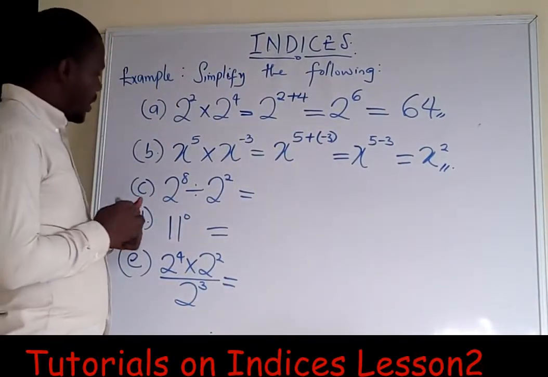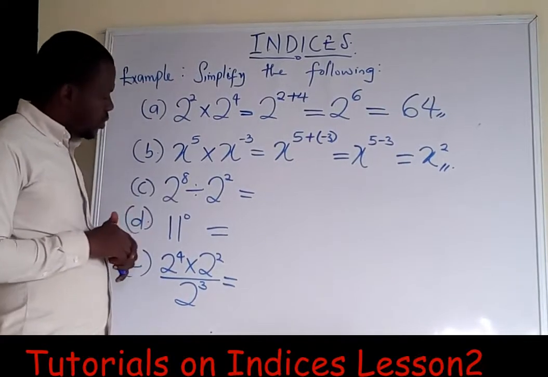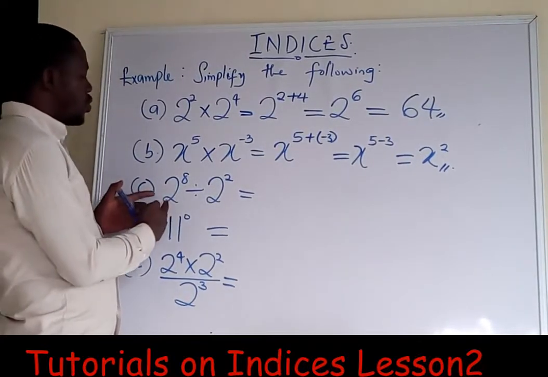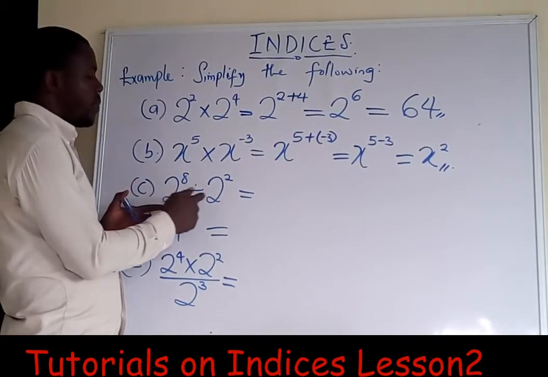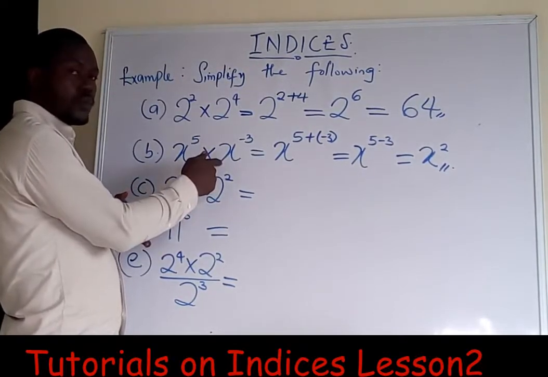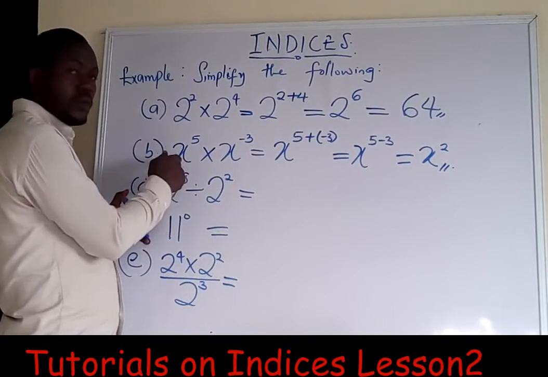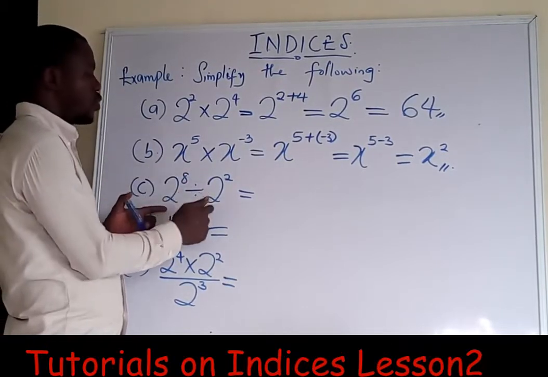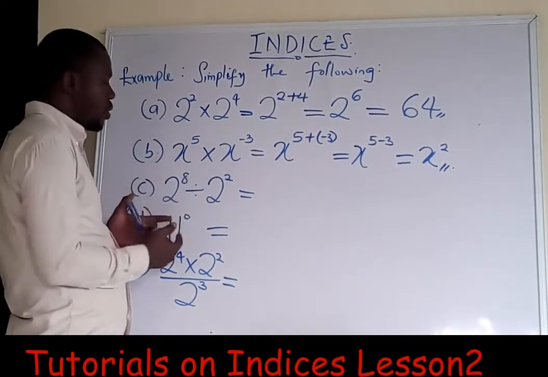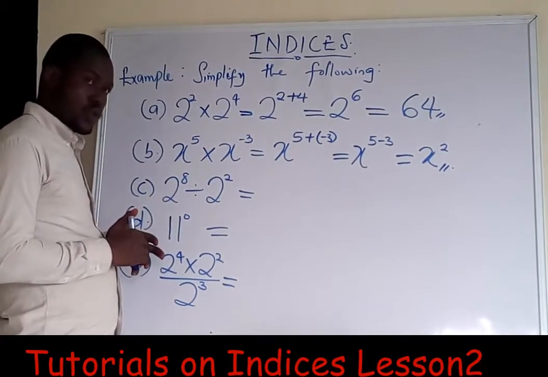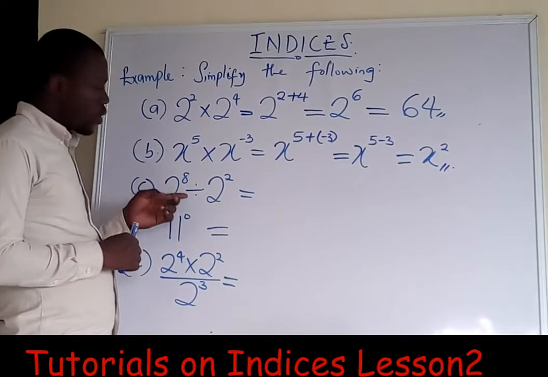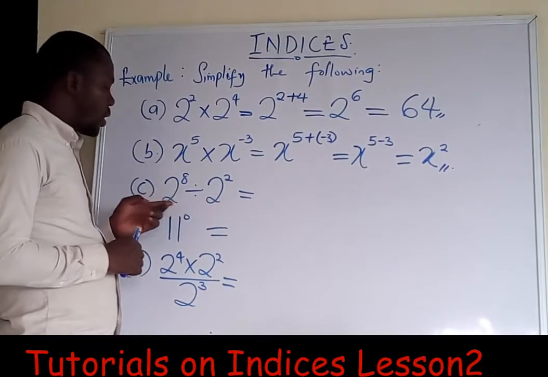Now let's look at the third question, which says 2 to the power of 8 divided by 2 to the power of 2. Don't forget our laws. This one is the second law, because we have division, even though we have the same base number.